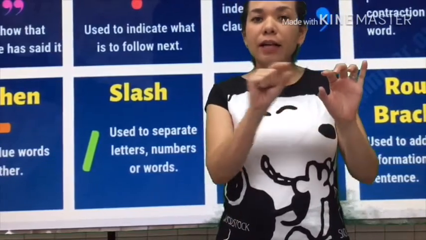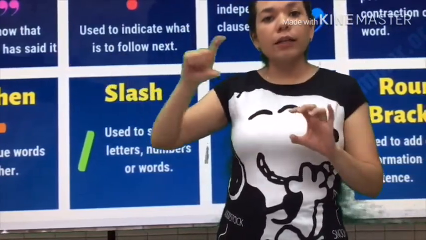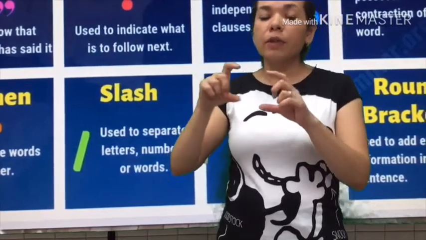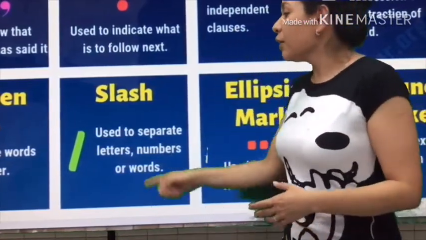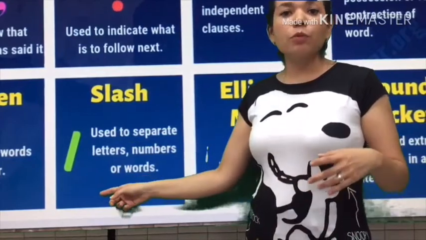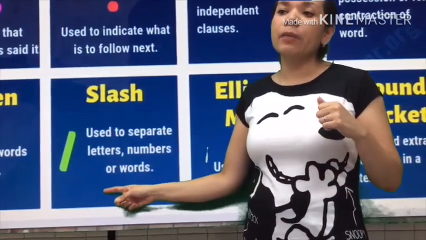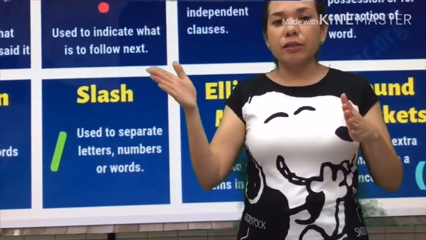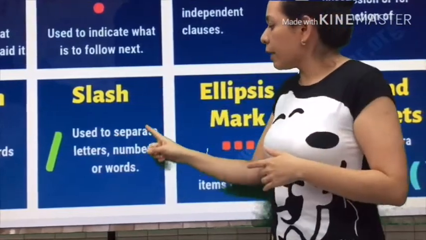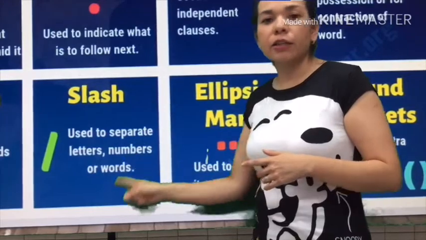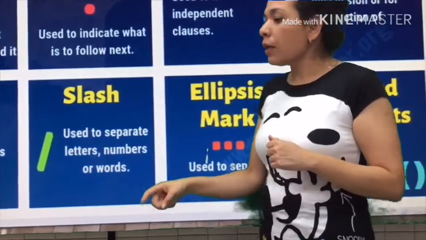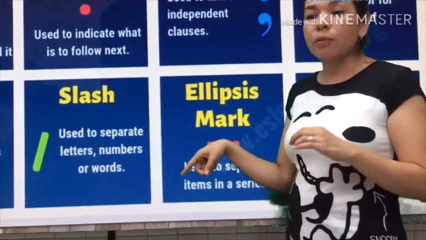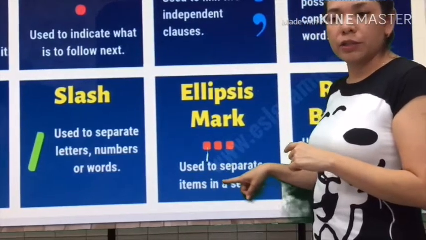And you put the line and then what the person or the character is saying. Another is the slash. The slash, we use it a lot in websites, or we use it to separate letters. It's like a perpendicular line.